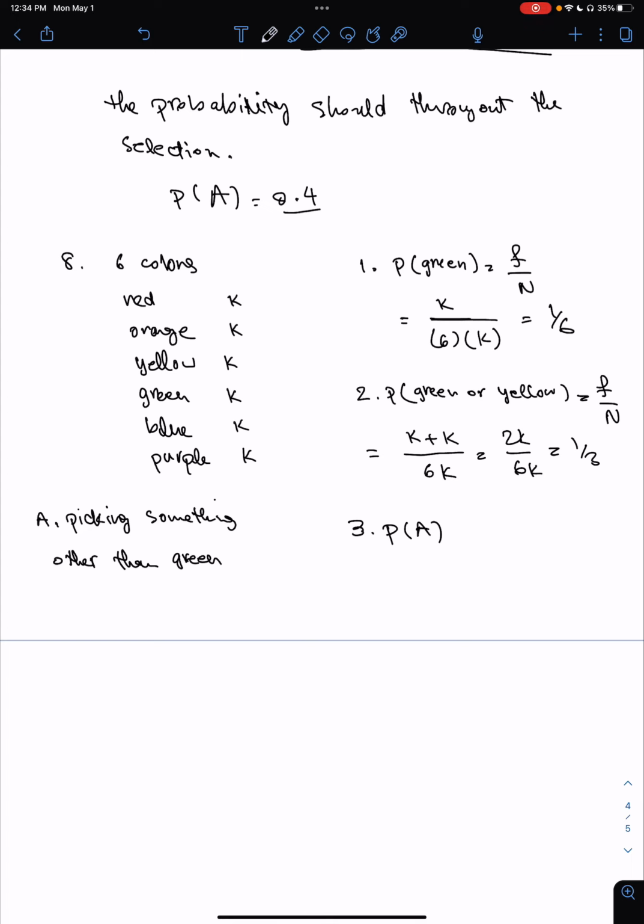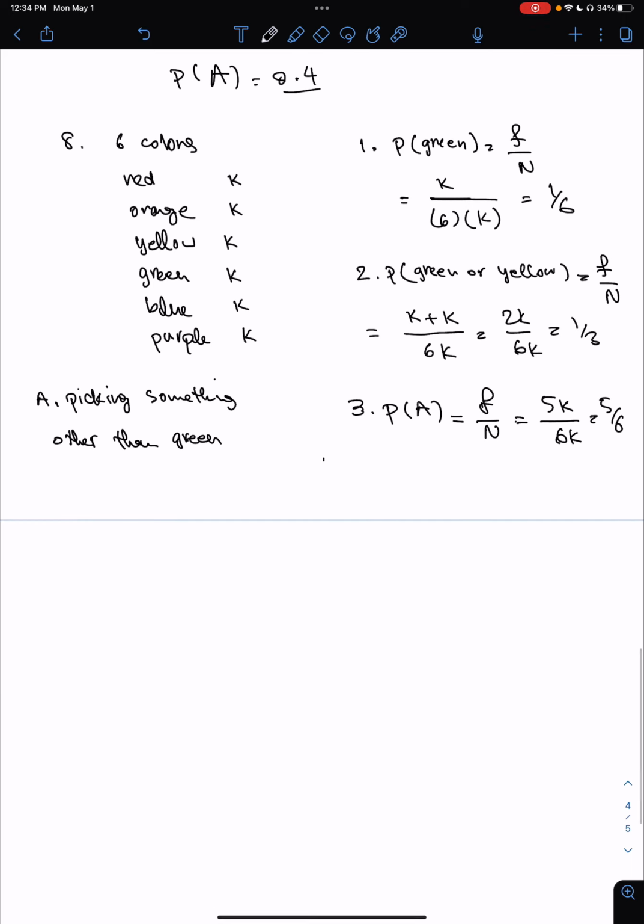So one way is P of A equal to F divided by N. F will be all the other colors except green, so this will be 5K, because we have 5 other colors and K is the frequency of each of those, divided by 6K, which is 5 over 6.